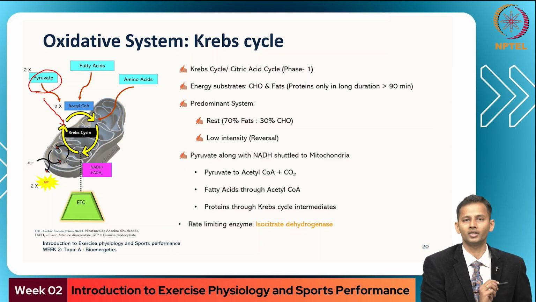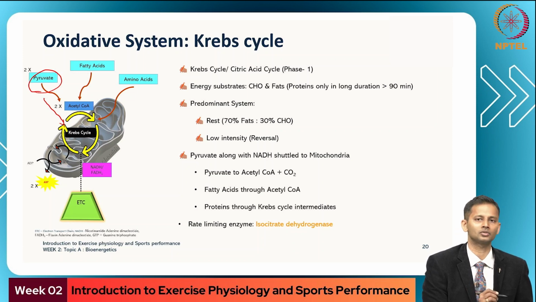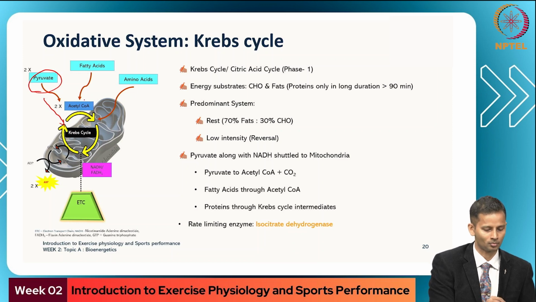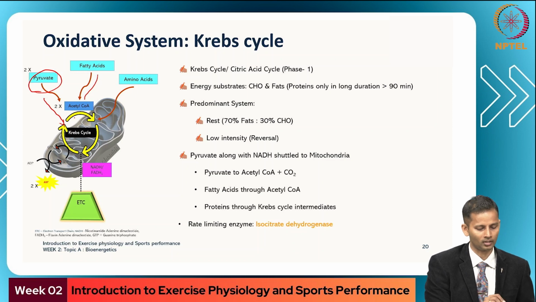I had mentioned to you earlier that the fatty acids enter through the process of beta oxidation and join the glycolytic pathway. So this is the place where the fatty acid gets converted to acetyl CoA and enters the Krebs cycle.